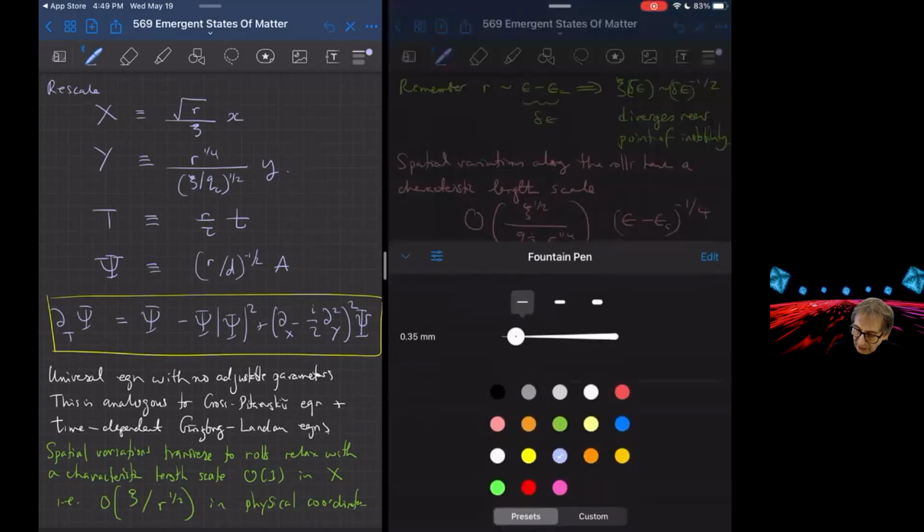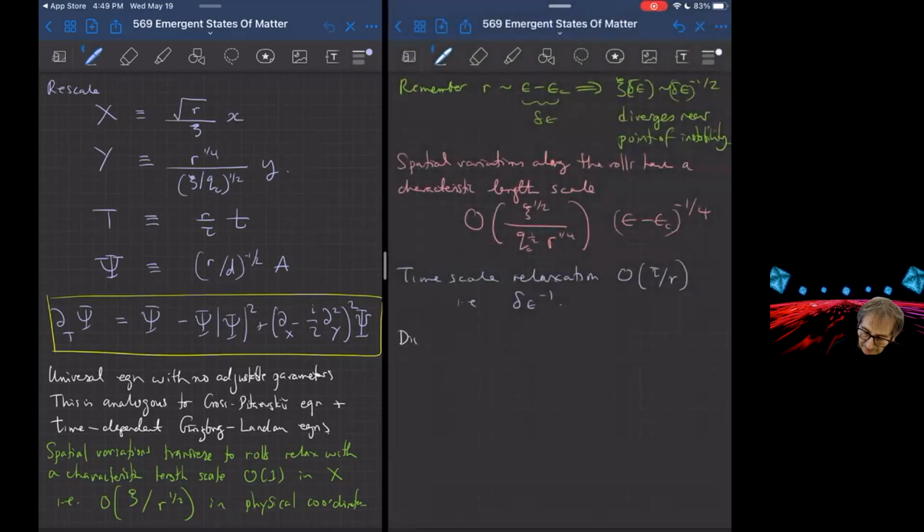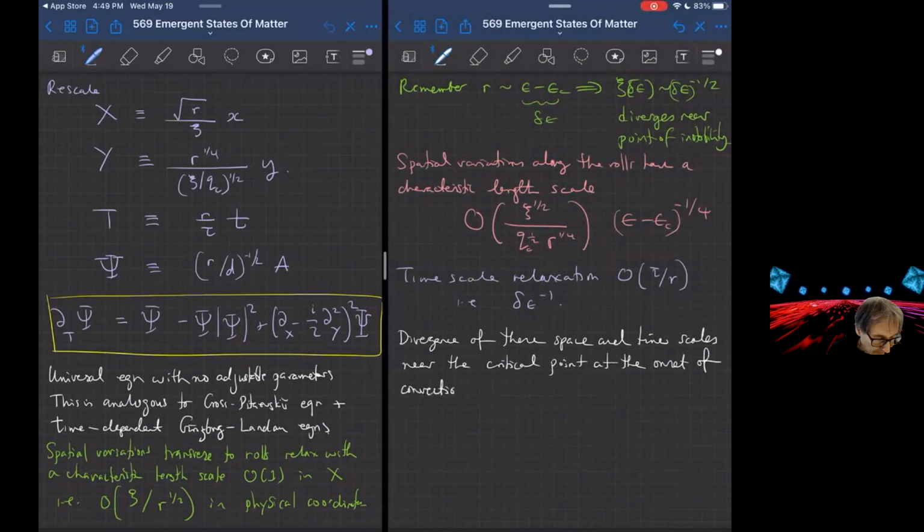So these are the divergence of these space and time scales near the critical point at the onset of convection, and this is precisely analogous, at least in mean field theory, to the mean field theory of critical phenomena.